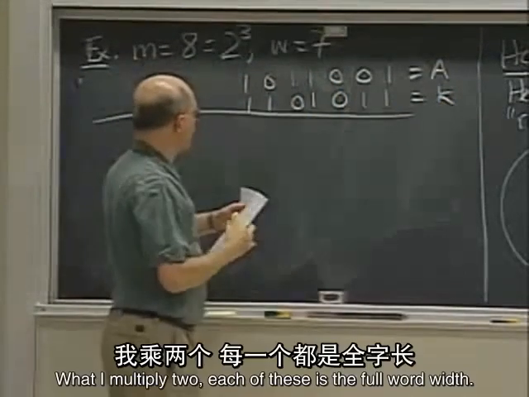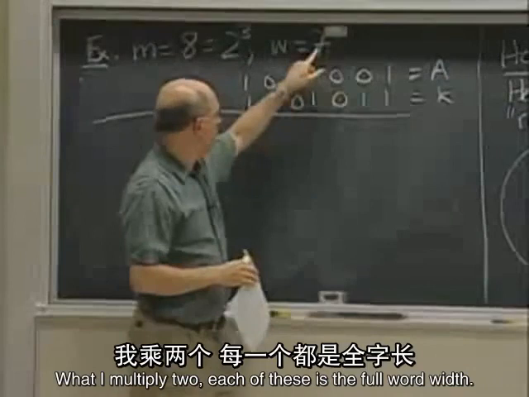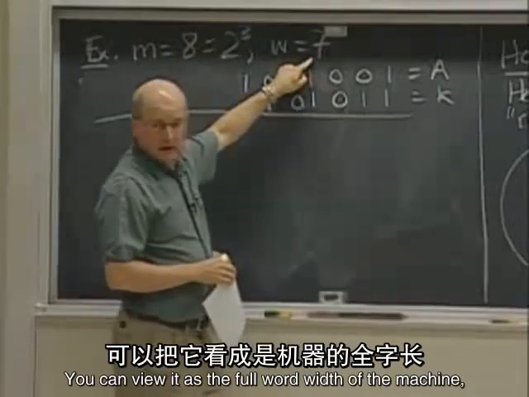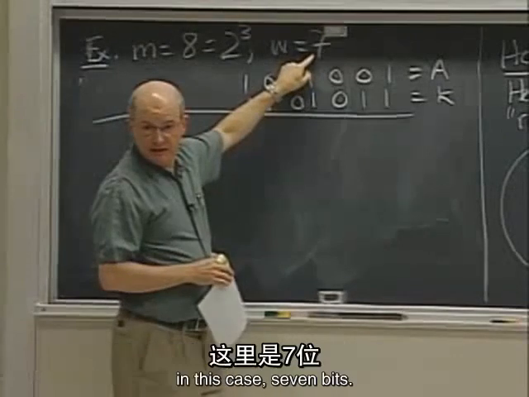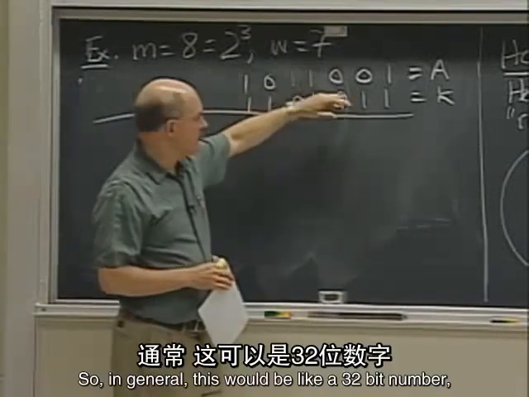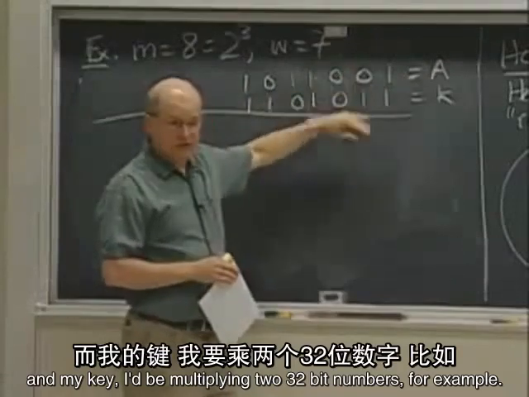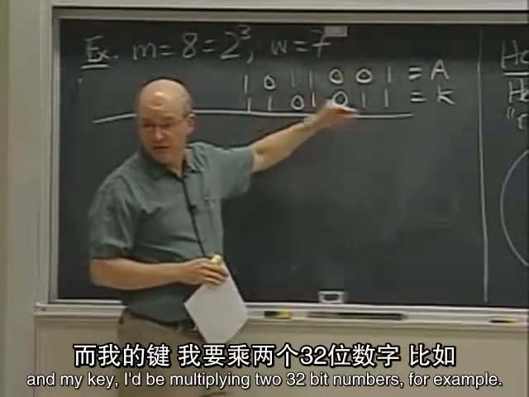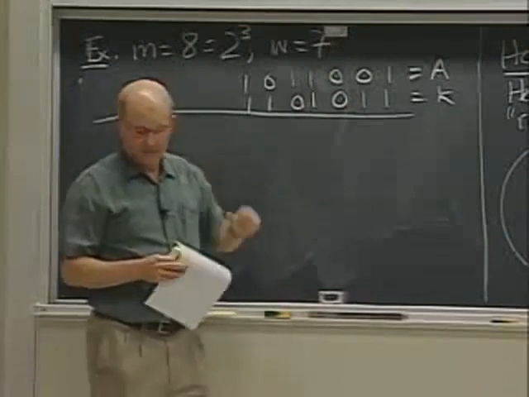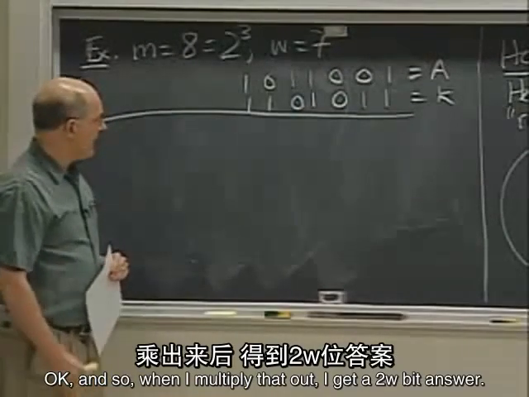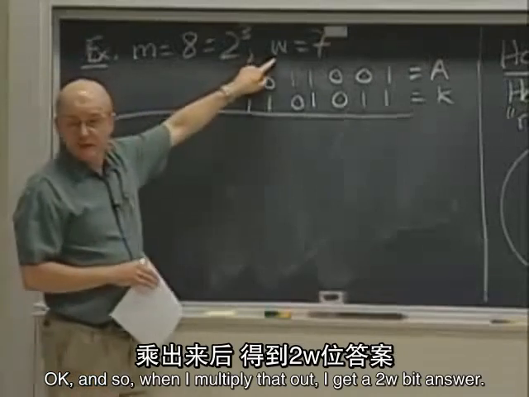So that's my k. And I multiply them. Each of these is the full word width of the machine, in this case 7 bits. So in general, this would be like a 32-bit number, and my key, I'd be multiplying two 32-bit numbers, for example. And so when I multiply that out, I get a 2w-bit answer.